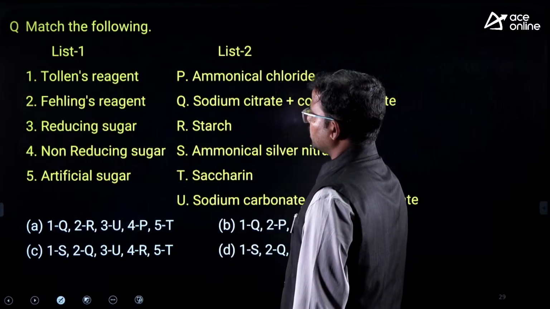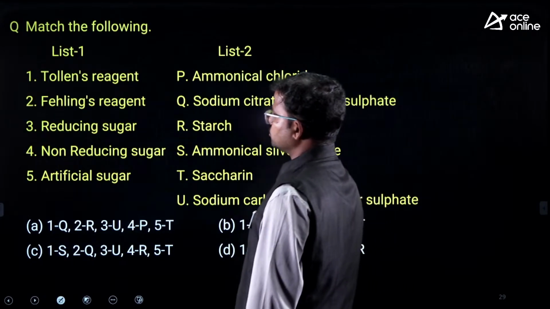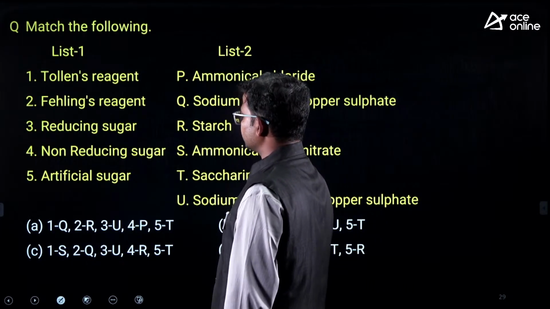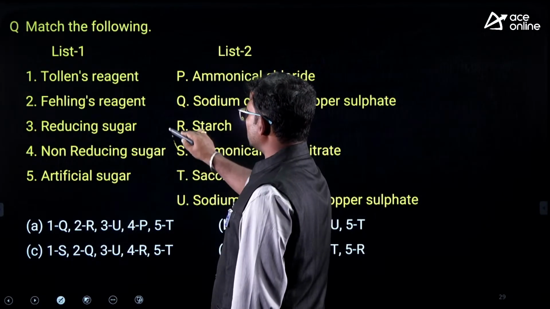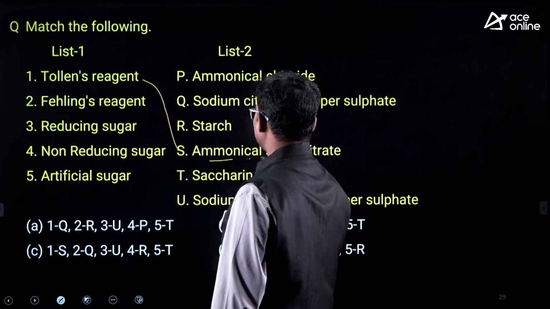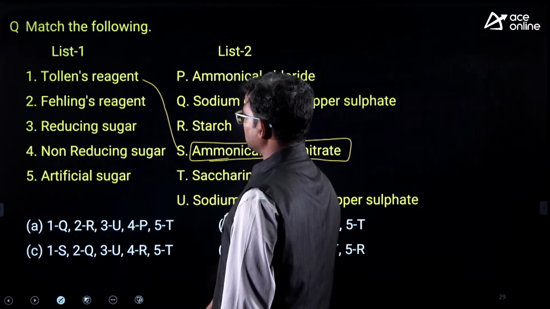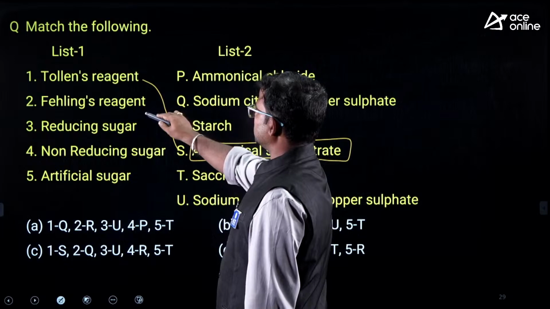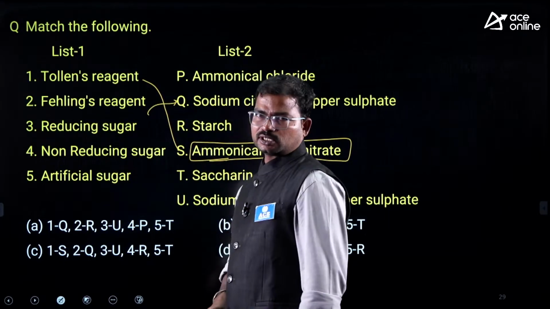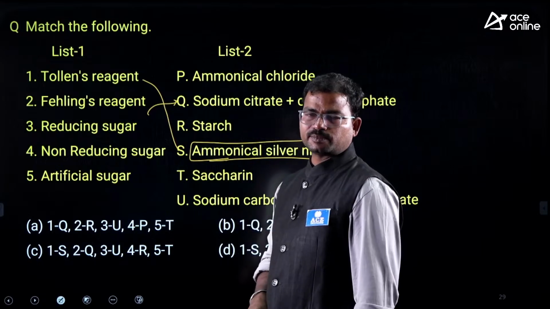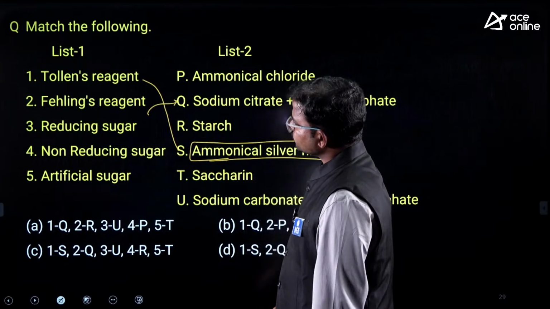Next, match the following: Tollens reagent, Fehling reagent, reducing sugar, non-reducing sugar, artificial sugars. Tollens reagent means the combination of ammoniacal silver nitrate. Next, Fehling solution means sodium citrate and copper sulfate. Actually, these two reagents are used to estimate the presence of aldehydes and ketones.